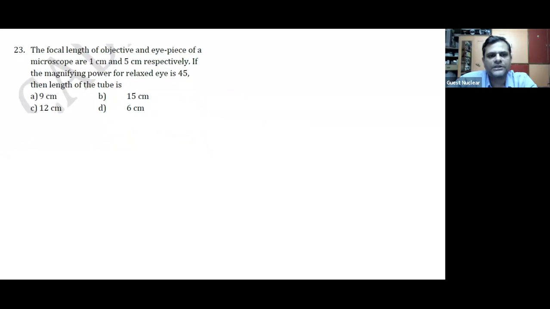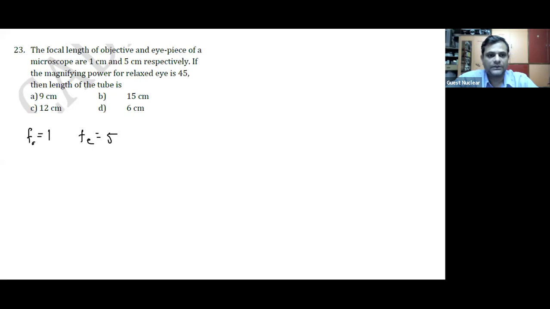Focal length of objective and eyepiece of a microscope are 1 and 5 centimeter respectively. Okay, so FO is given to be 1 and FE is actually given to be 5 in centimeters. Okay, if magnifying power for relaxed eye is 45.